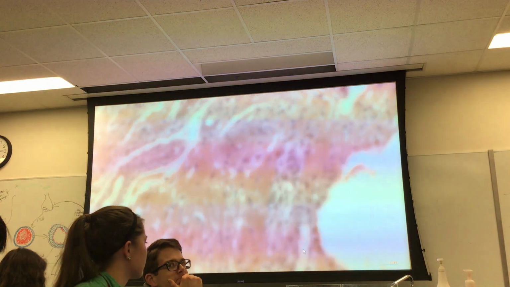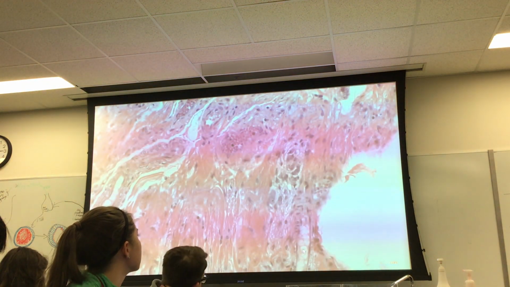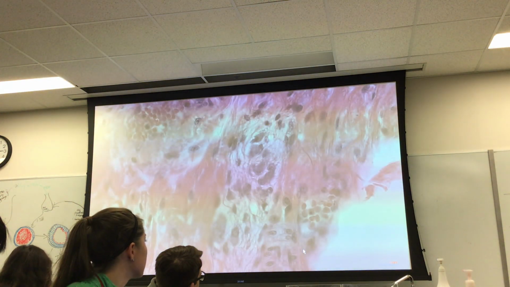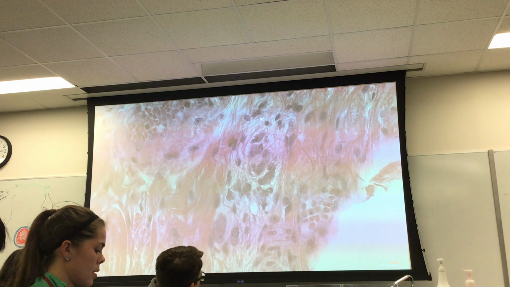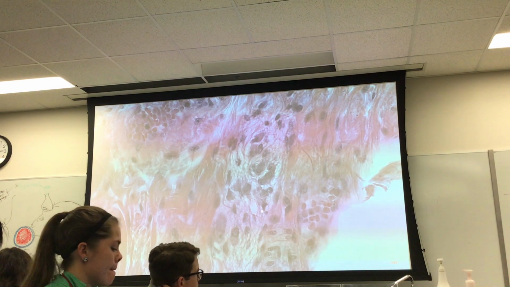Again, bear with me. So again, having said that we're surrounded by connective tissue, if you see something that looks like this, in which it's like a pocket of tissue that looks completely different.